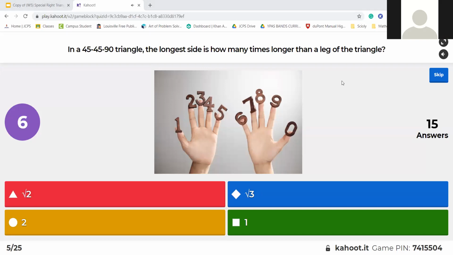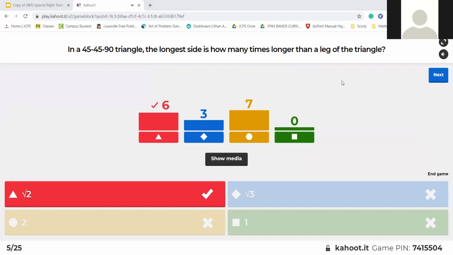How would the longest side be 1 times more? Wouldn't that just not work? Yeah, that wouldn't work unless it was equilateral, but then you wouldn't call it the longest side because they're all the same length. Okay, so this one I'm gonna go first since a lot of you guys put 2. Well, in a 45, 45, 90, it's like this one, right?